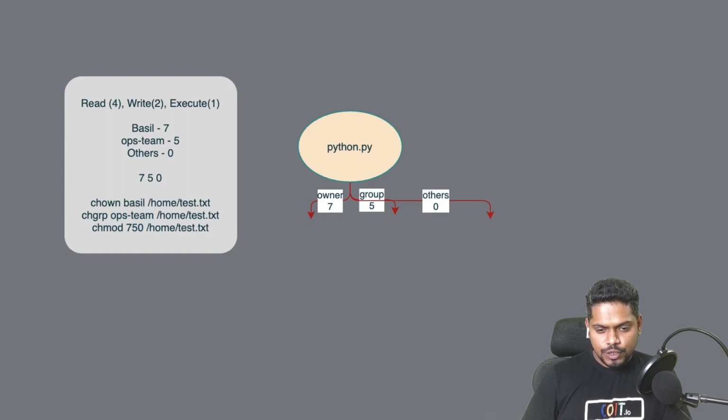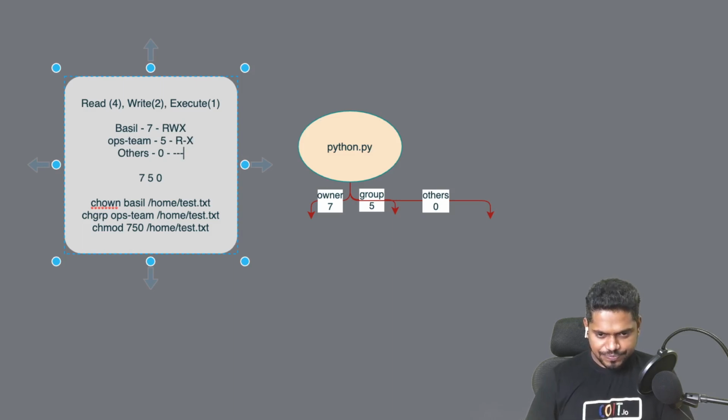With these three commands, I will achieve this: Basil gets read, write and execute. Opsteam will get read, no write, but execute. Others get nothing, minus, 0.